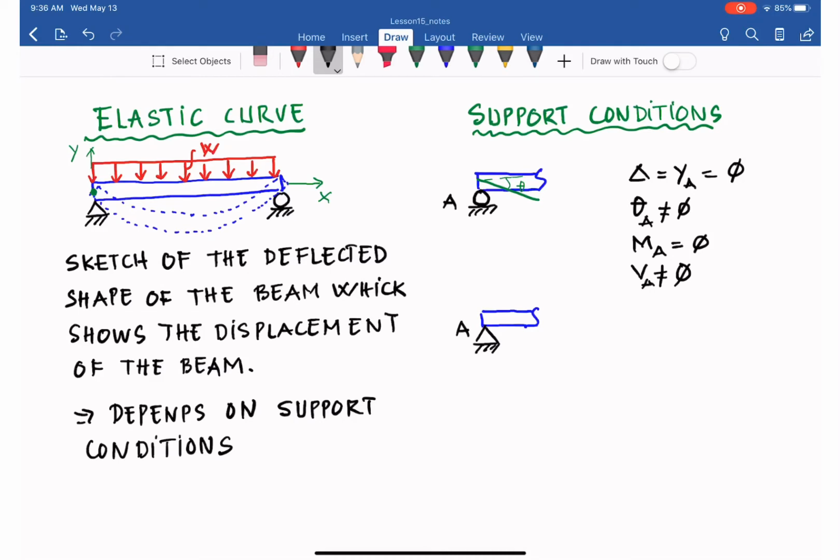The first one is roller at A, and then we have pin at A. What do we have? Exactly the same as the roller. The angle will change, but not the vertical deflection. So same as above.